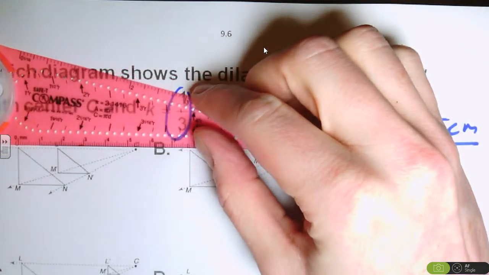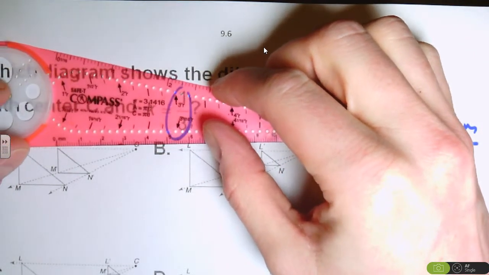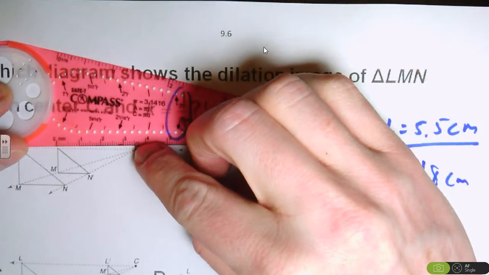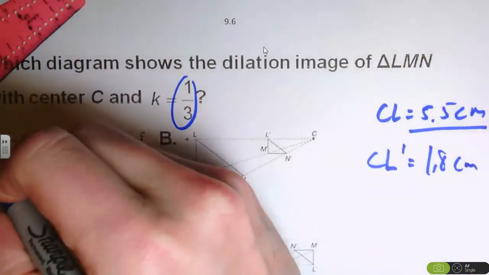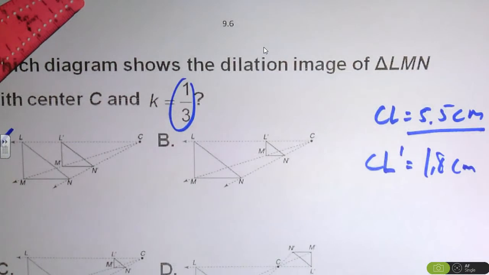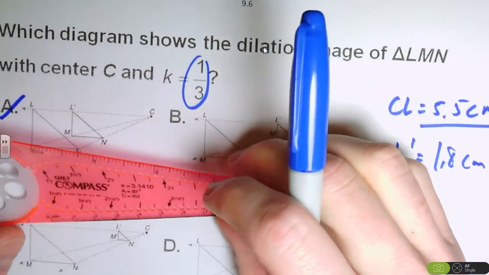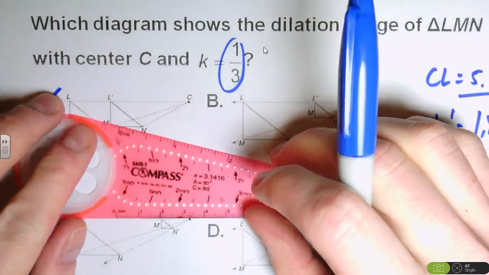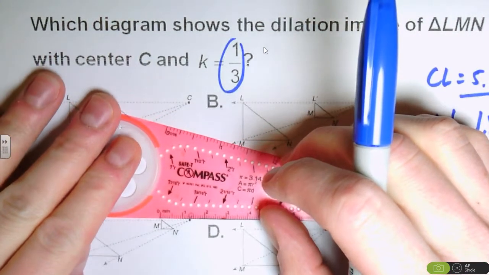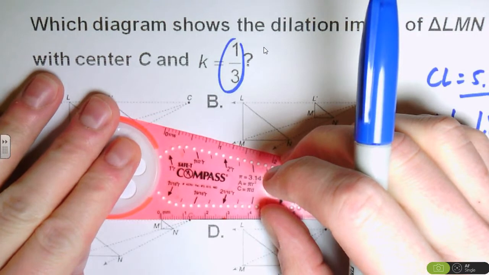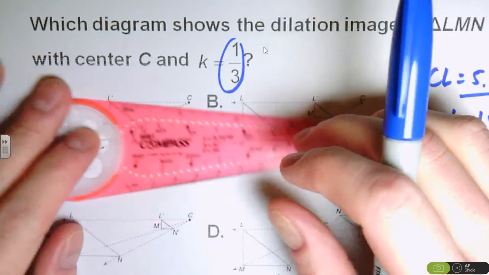This is from L prime to C. It's like 3.5 centimeters right there, so it can't be A. It's too big. Let's look at C, since it's just right below it. From L to C is like 1.3. Okay, so it's less than 1.5.